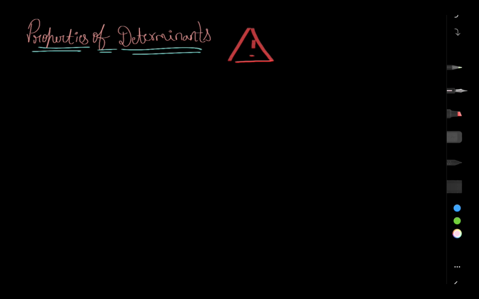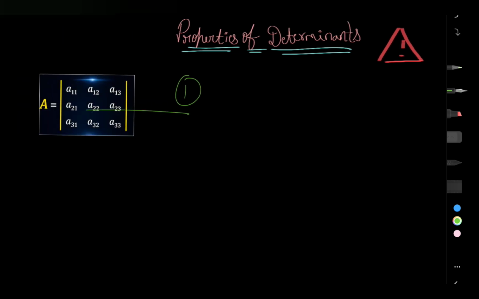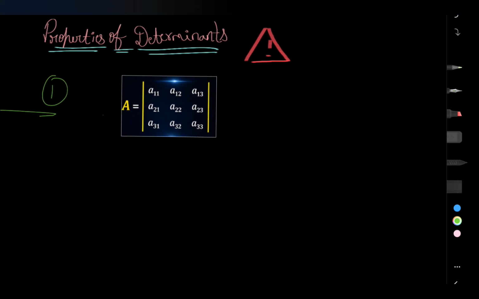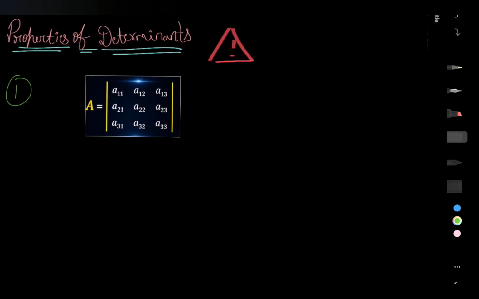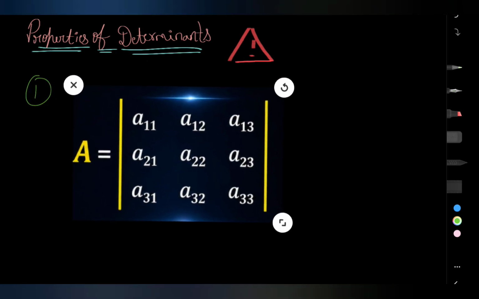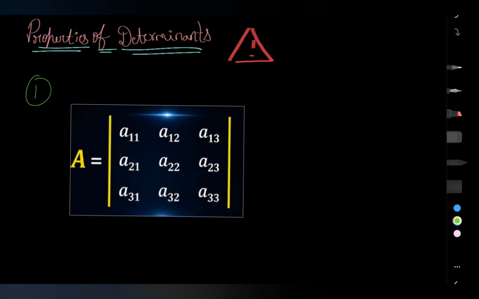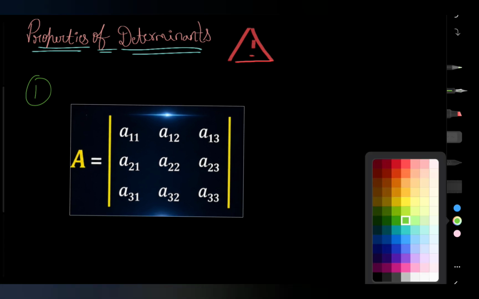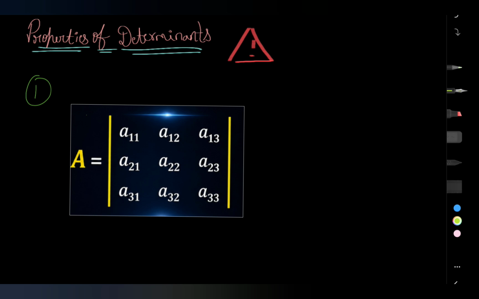To study the properties of determinants, we needed these basic things. Here, the first property of the determinant states that the value of a determinant does not change when its rows and columns are interchanged.